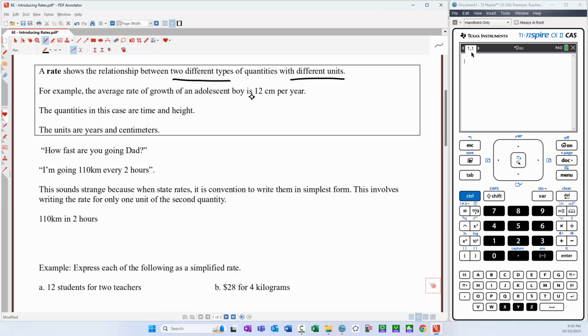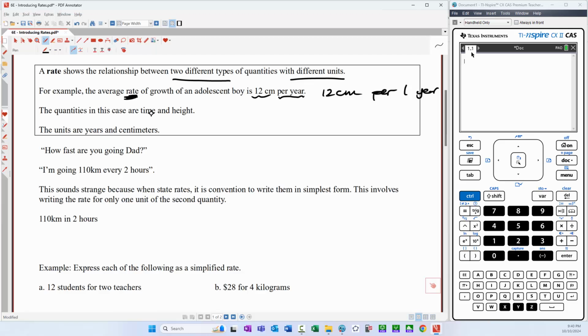I don't know whether this is true or not, but it's suggested in the textbook that it's 12 centimeters per year, or 12 cm per 1 year. That's a suggestion in the book, and that would be the rate of growth.